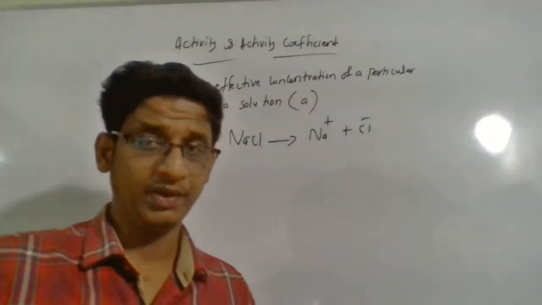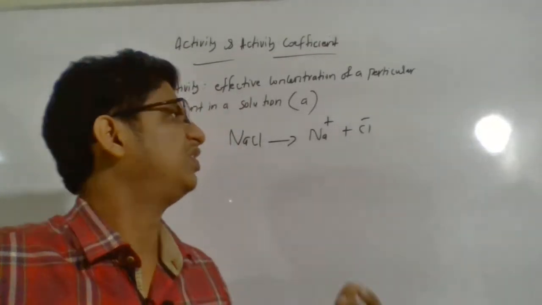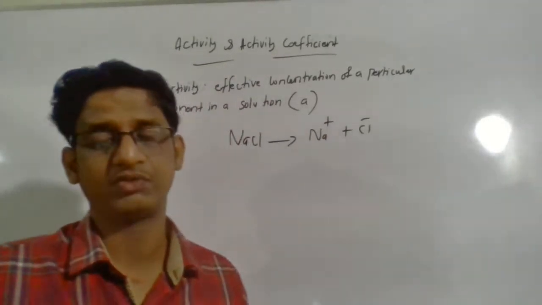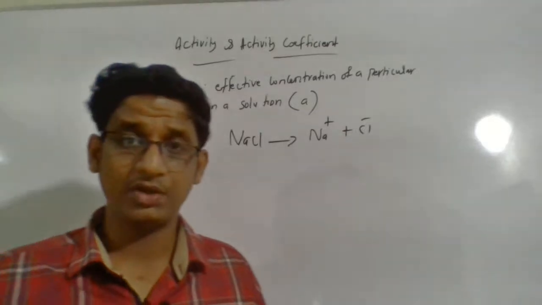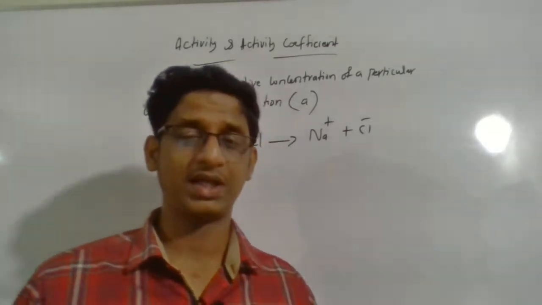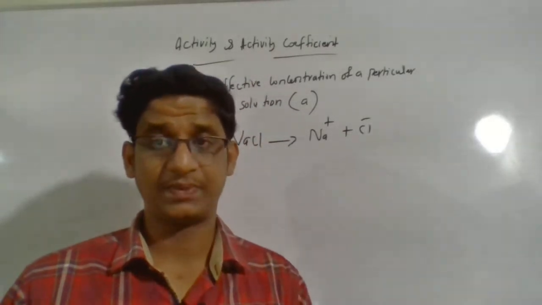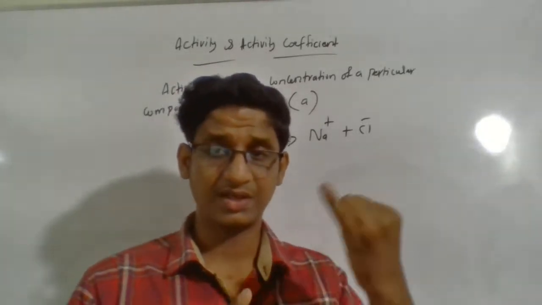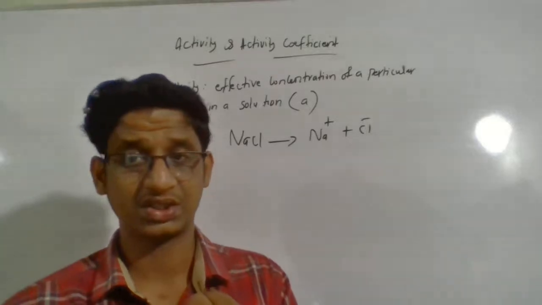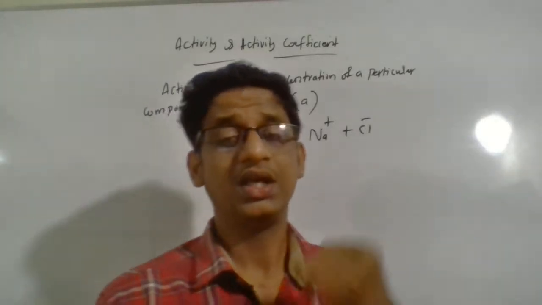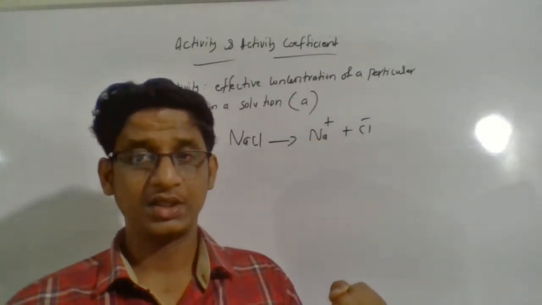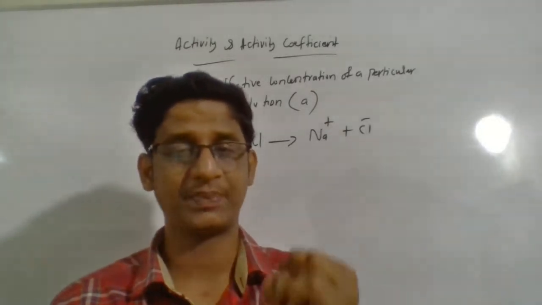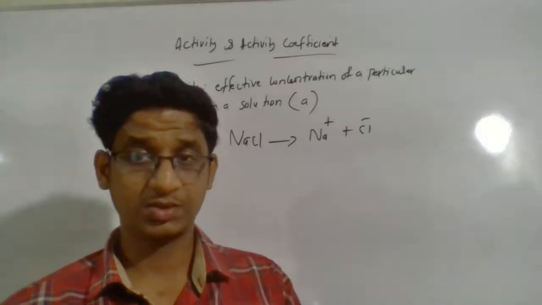So this is a very important term that we now introduce, called activity, which means the effective concentration of a particular component. It may not always be the same as the concentration that we express. It changes depending on the concentration, at lower or higher concentration, the activity of a particular electrolyte may be different, because ionic attraction and repulsion have to be considered.